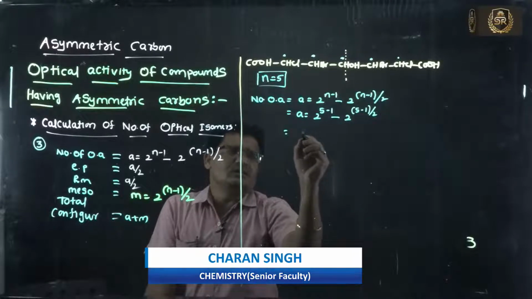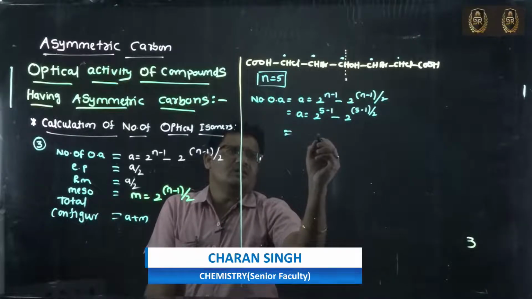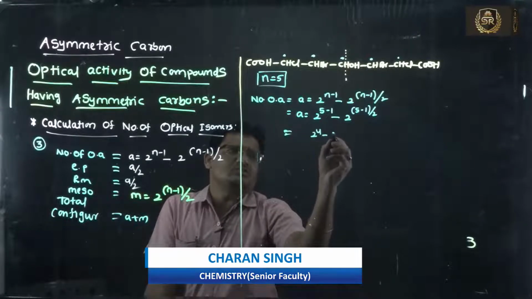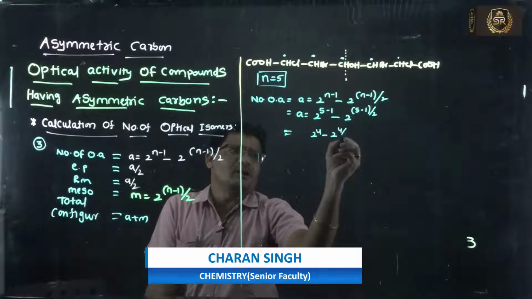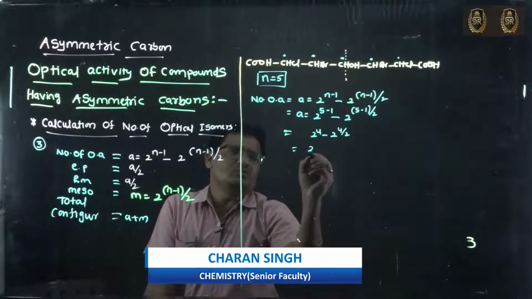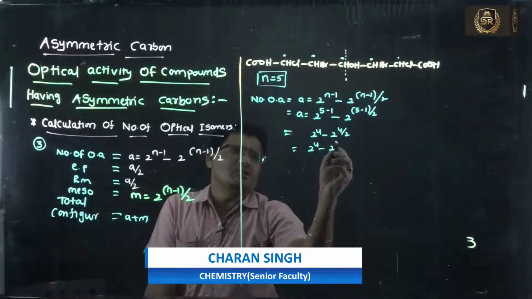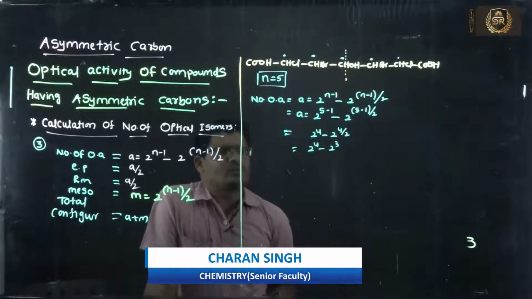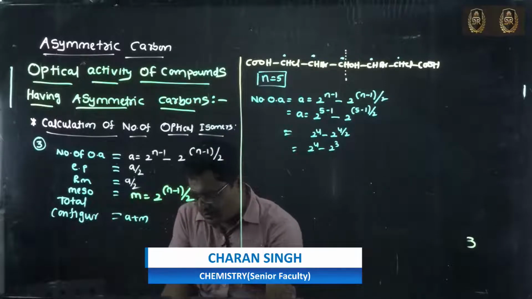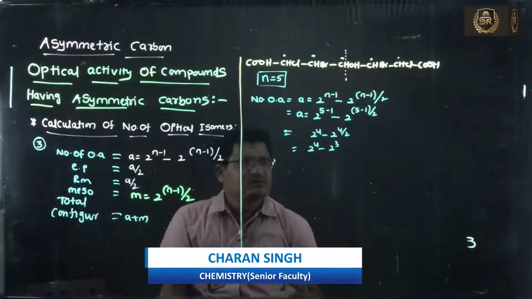That's 2 power 4 minus 2 power 4 by 2, that equals 2 power 4 minus 2 power 3.